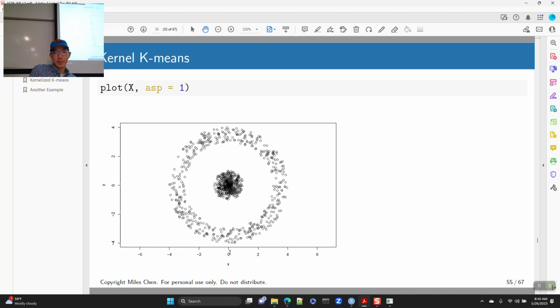So here I'm going to show the result of clustering, and the steps in between are not going to make any sense, because what it's doing is transforming our data from 2D into infinite dimensional space, which we cannot visualize, and then doing k-means clustering there.